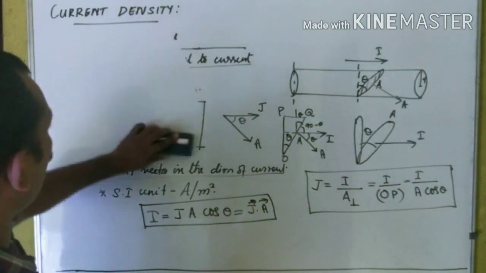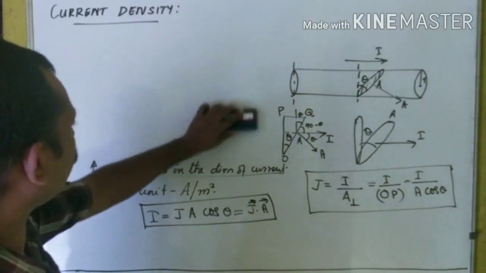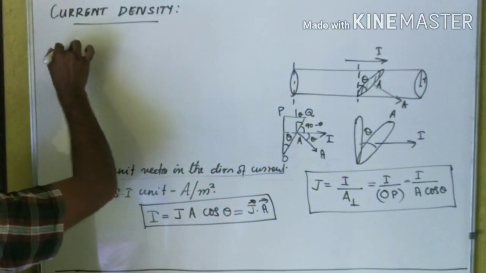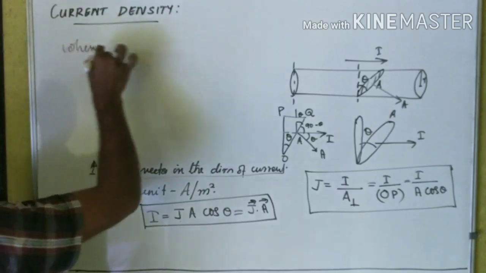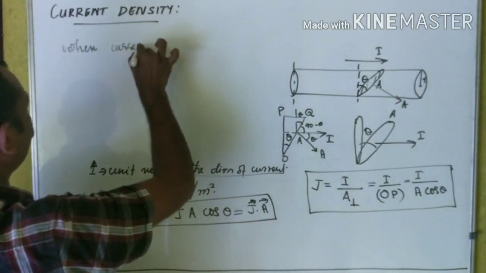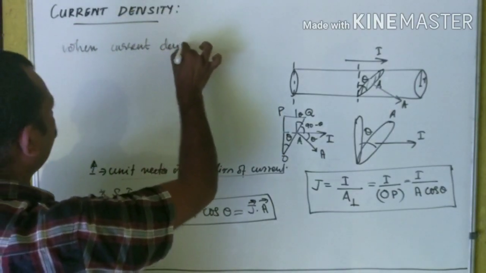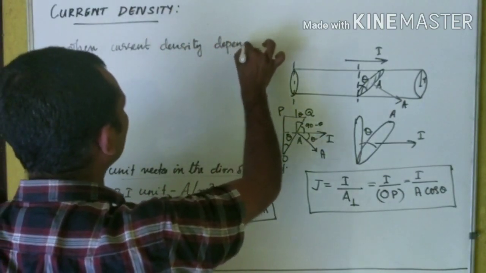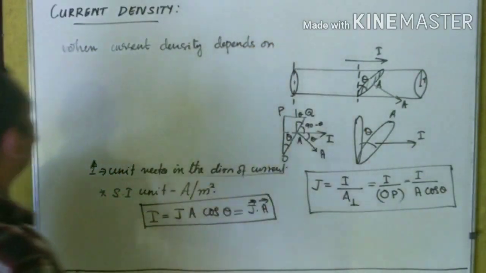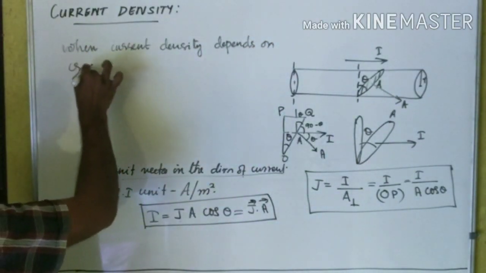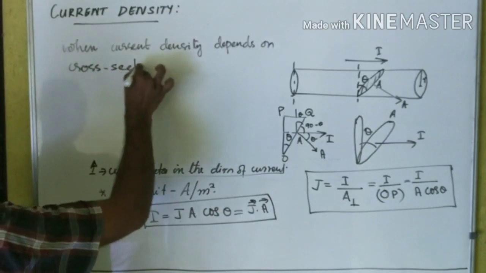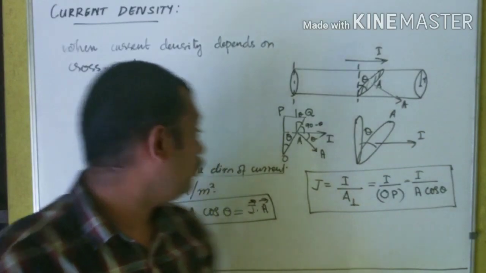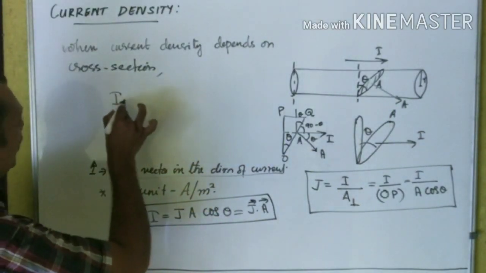Now I will tell you, when current density depends on cross section, that is, in variable cross sections and all, in such cases we have to use integration.